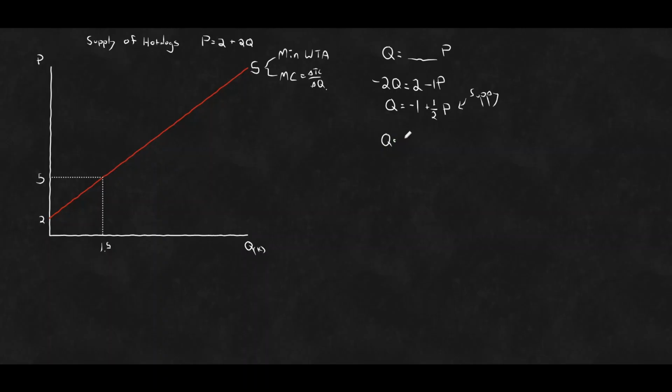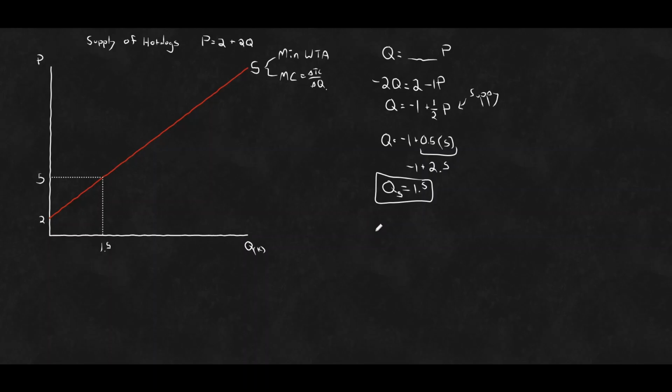That is, quantity is equal to negative 1 plus 1/2 or 0.5 times the price of 5. So 0.5 of 5 is 2.5. 2.5 minus 1, or negative 1 plus 2.5, means that we have a quantity supplied of 1.5. And again, I'm talking about 1.5 thousand hot dogs. So we get our quantity supplied that way.